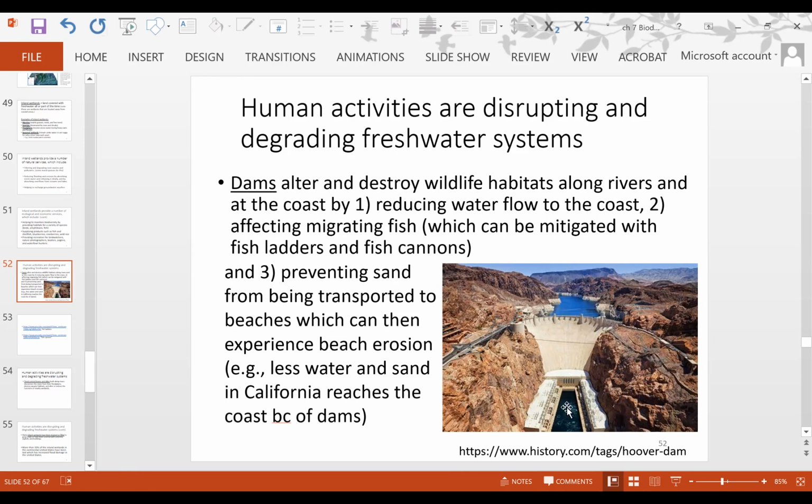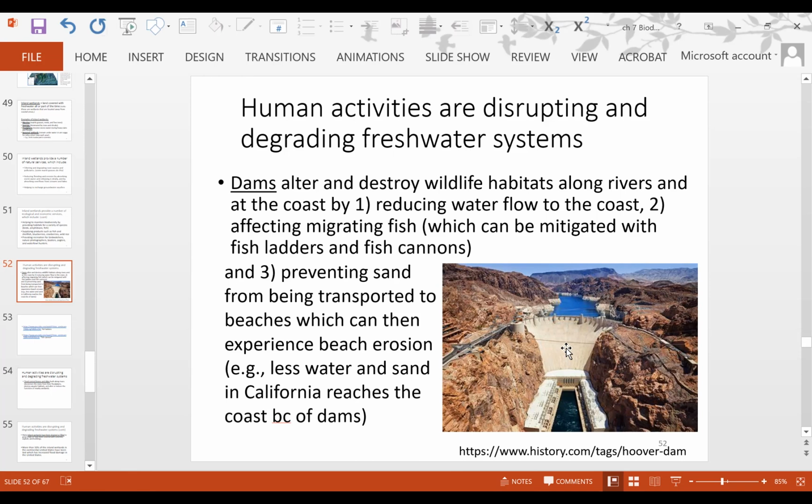And some dams do allow some water to pass through the other side. And some dams use hydroelectric methods to harness electricity, so that you're using running water to make electricity.